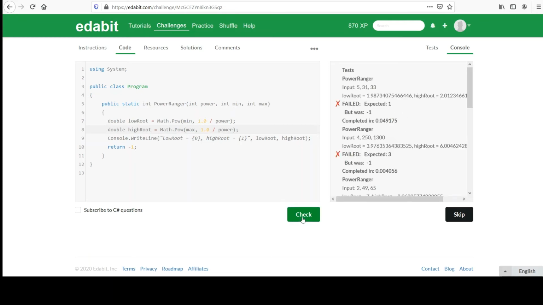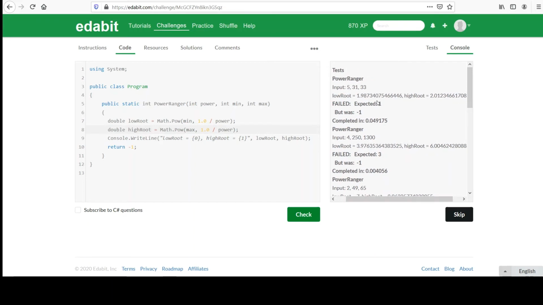Okay, this is better. So, these are the actual numbers. We know we're working with integers, right? We only count integers for our problem. So on the low side, we're at this 1.98. We know anything less than this number won't fall in the range when you take it to whatever power was passed in. So essentially you have to round this value up, the low one, to the next integer.